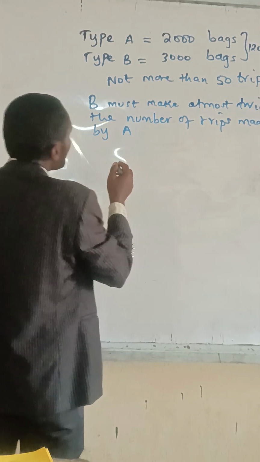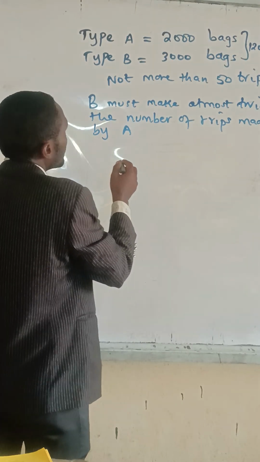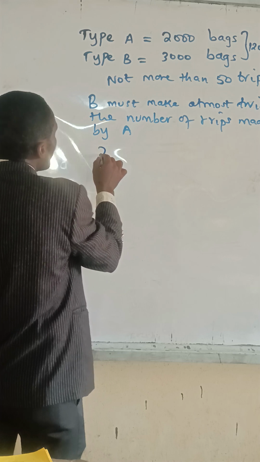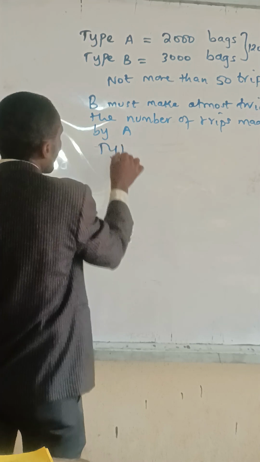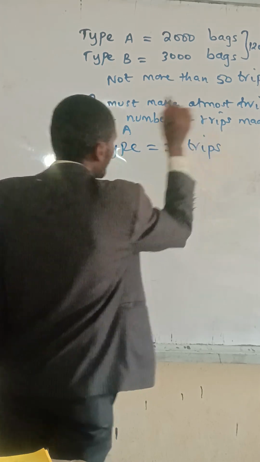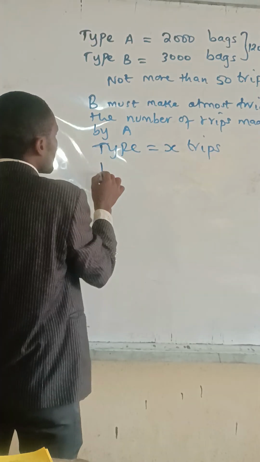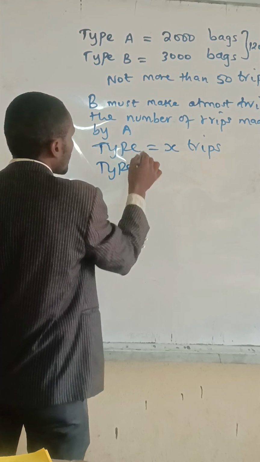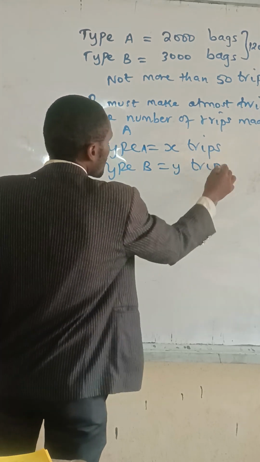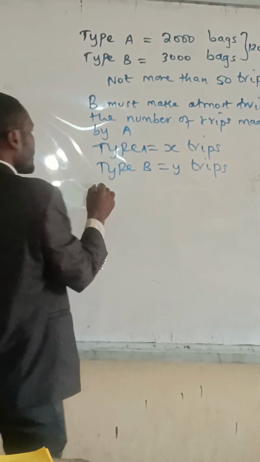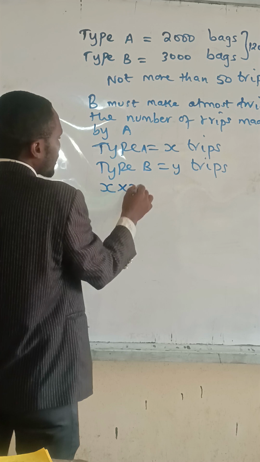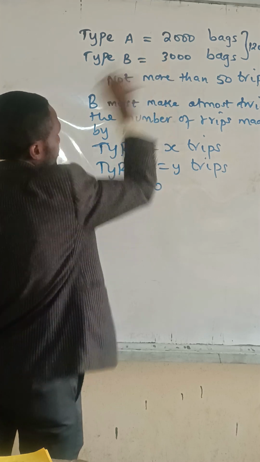Now we're going to first say that type A has to make X trips, and type B has to make Y trips. So what do we need to do? We shall say X trips made by type A times the number of bags it is carrying per trip.